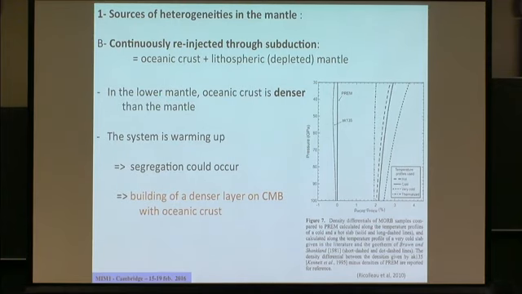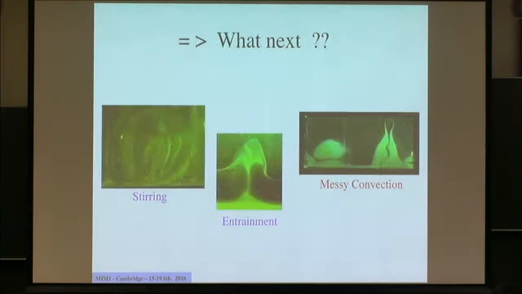So it's really a question of, one, the buoyancy ratio, so the density contrast between the oceanic crust and the bulk, and also the viscosity at the bottom of the mantle to allow the building of this denser layer.